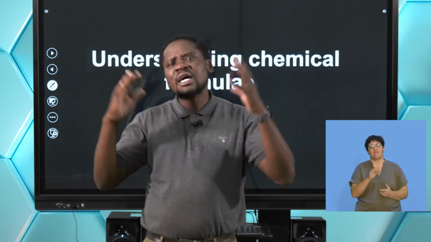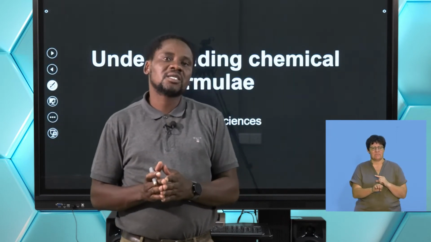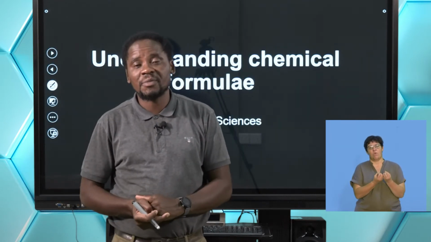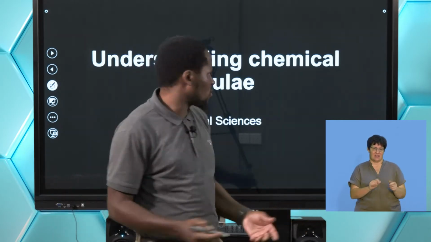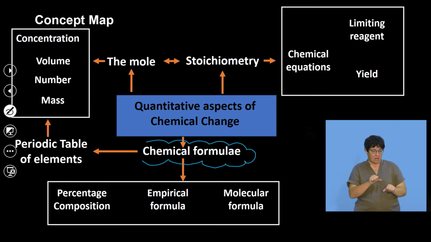formulae. Now let's try and locate chemical formulae within the broader section of quantitative aspects of chemical change, which has to do with reactions, of course. Right. Now, from the concept map, there is our chemical formulae, okay? There is no way that we can talk chemical formulae without making reference to the periodic table of elements, right?